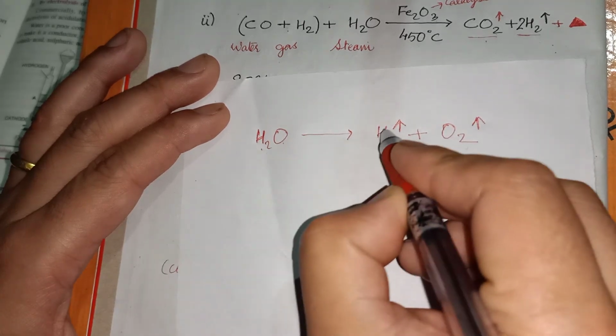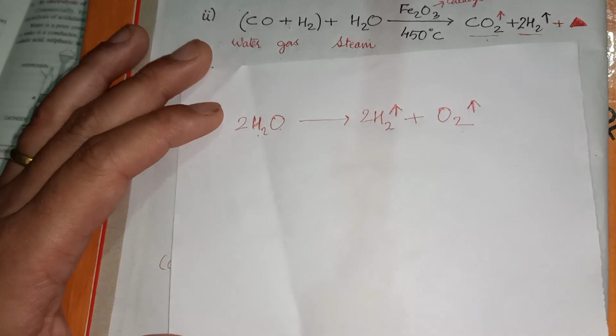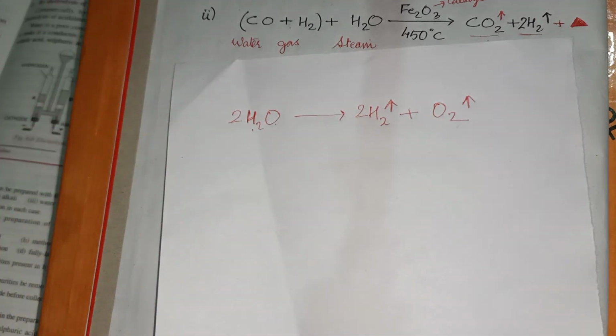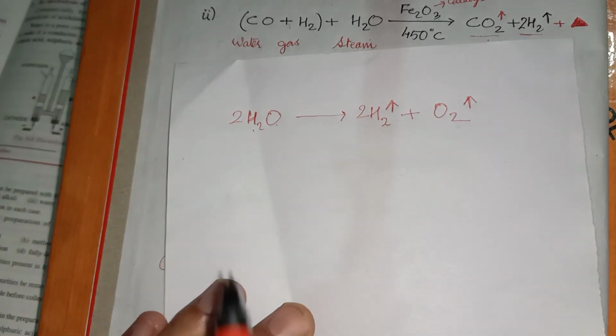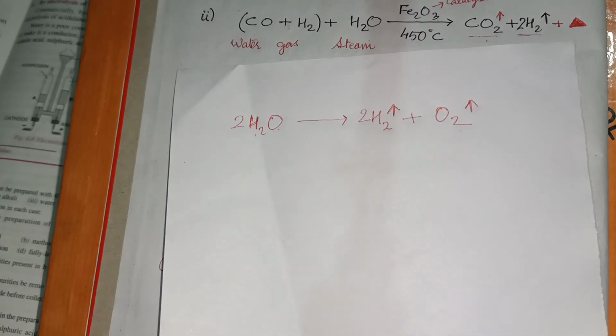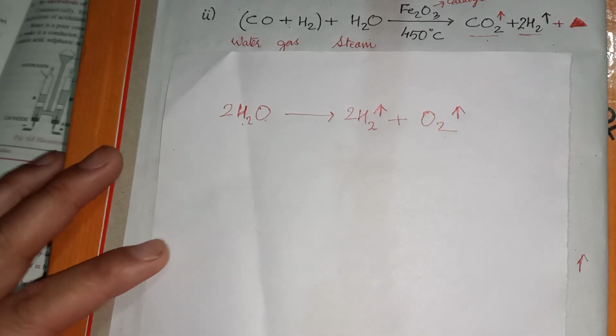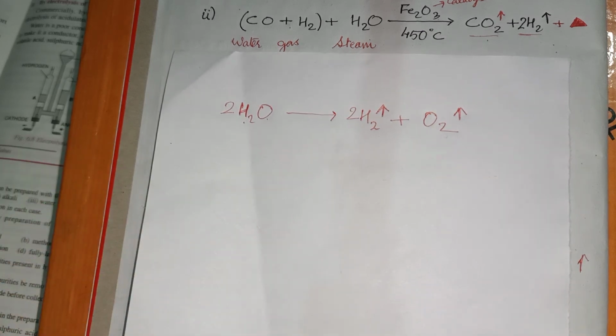If we balance this, it will be 2 and 2. So we get 2 molecules of hydrogen gas and 1 molecule of oxygen gas when we break 2 molecules of water. This is the electrolysis method of preparing hydrogen gas, which is not in your syllabus, but you can always refer to it and try to know how we can prepare hydrogen gas by electrolysis.